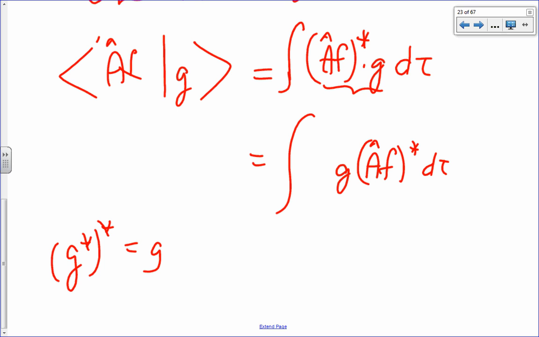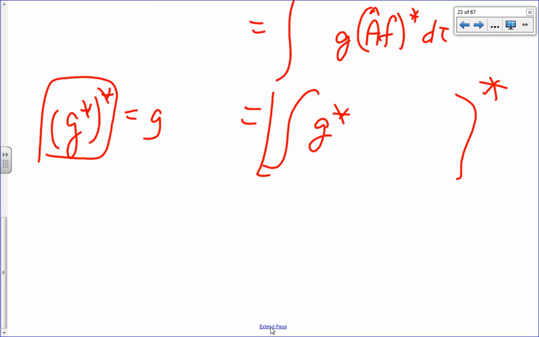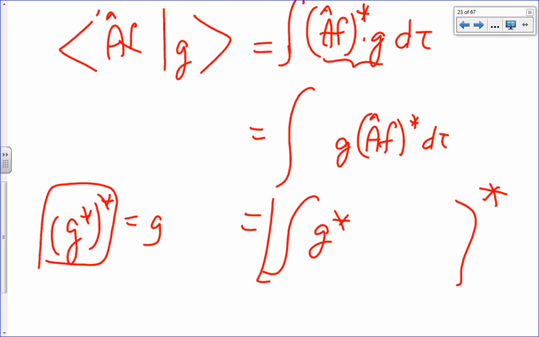The complex conjugate of the complex conjugate is the original. So G is G star star. So I can write it this way. I write the G star over here and put the star outside. Now, since I want A F star, I can just write A F here, and then the star that goes with this A F is now out here. And then I can keep the d tau in here.